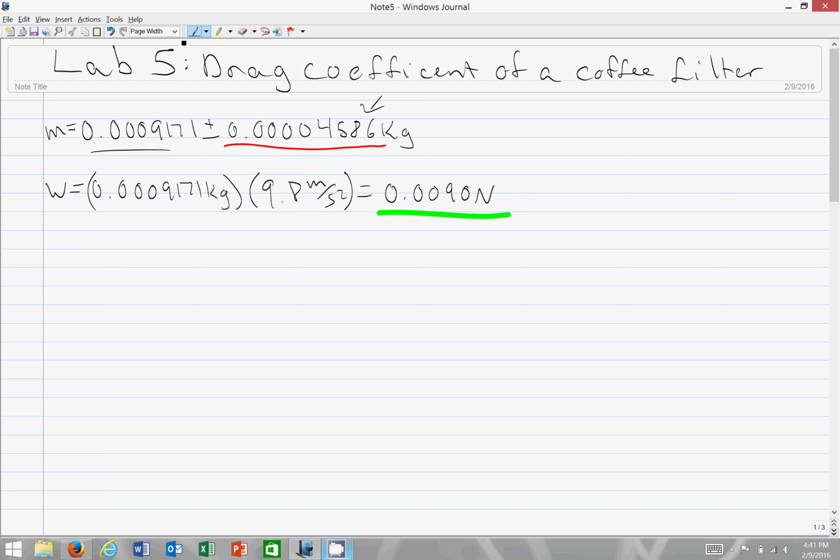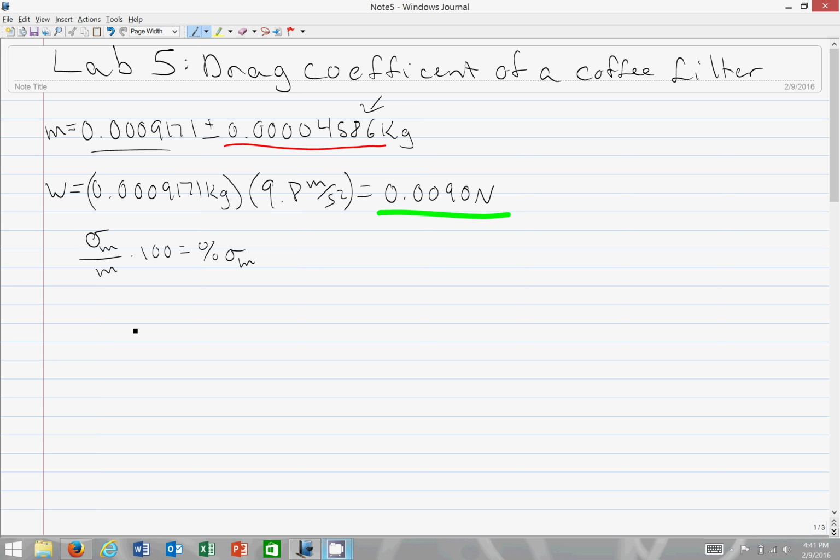We've been doing it this way all semester, so let's do it again. I'm going to show you the formulas, and you can do the math to prove it to yourself. Basically, the absolute uncertainty of my mass divided by my mass times 100 is equal to the percent uncertainty of my mass. Since we don't have any error associated with G because it is a constant, I'm going to leave that error out.